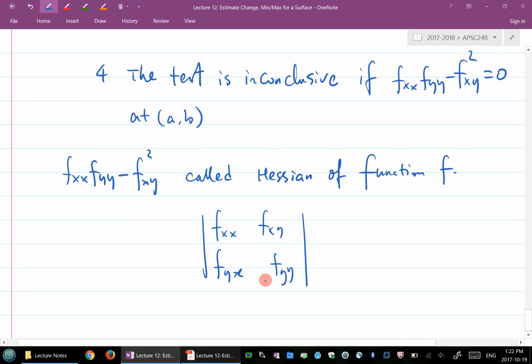Because this is a function of two variables, you form this 2 by 2 matrix. This is the Hessian matrix, and if you calculate its determinant, you get fxx fyy minus fxy squared. This is called the Hessian.